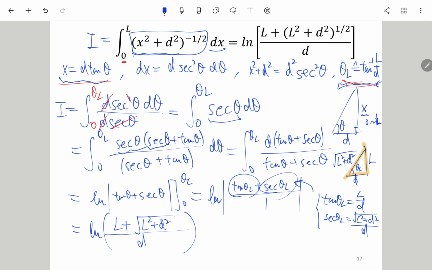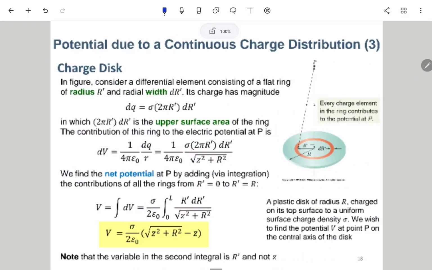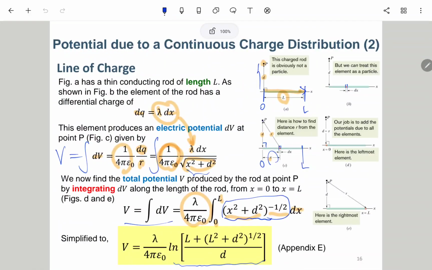So in this case, we can calculate the potential generated by a linear charge line like this, with a distance p. But this p should be at the end point. If it is in the middle, the expression will be different.